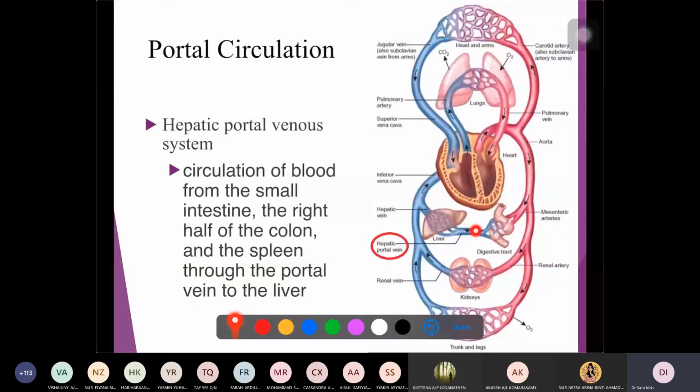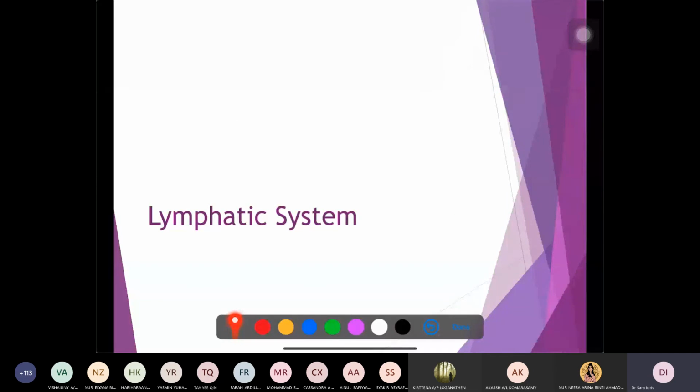From the hepatic portal vein, it divides again into a capillary bed in the liver. This capillary bed will drain into a hepatic vein, which is a proper systemic vein, and will drain back into the systemic circulation. So you have a portal vein that connects two capillary beds before it goes back to the heart.